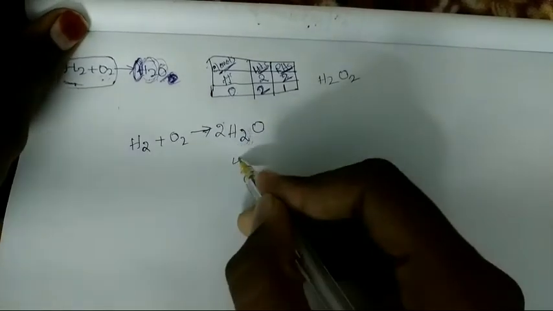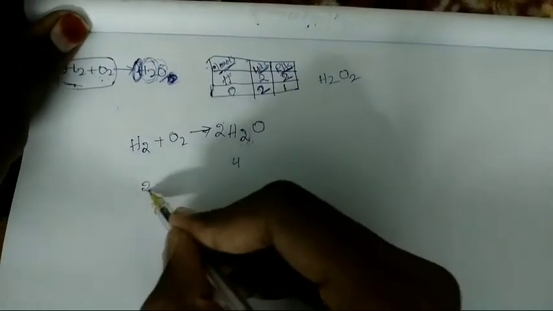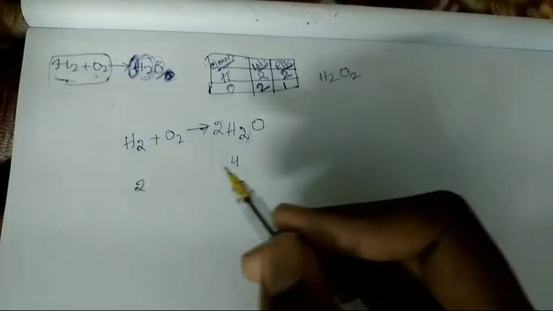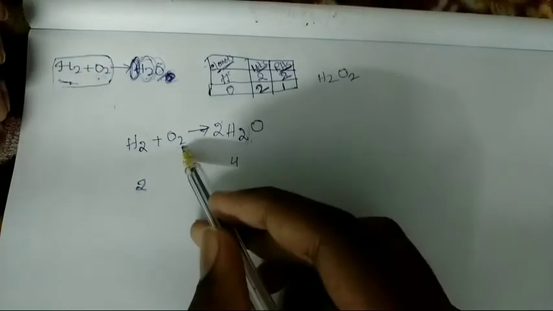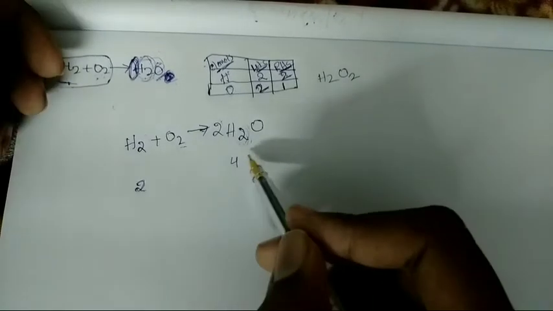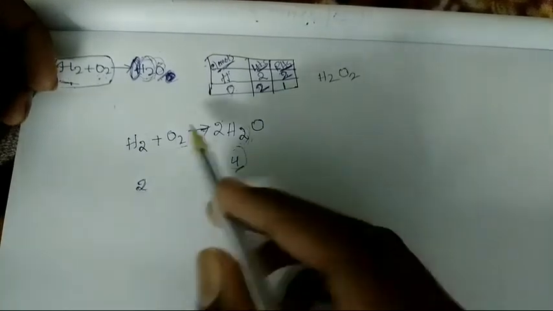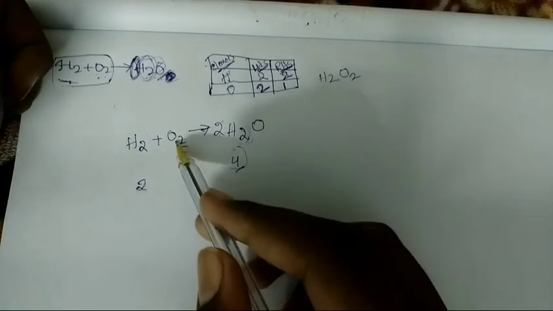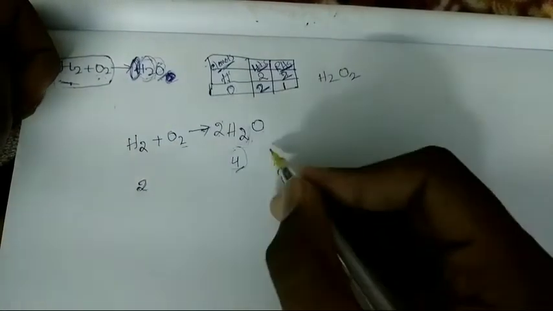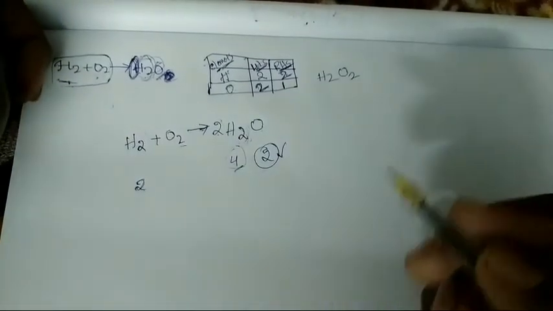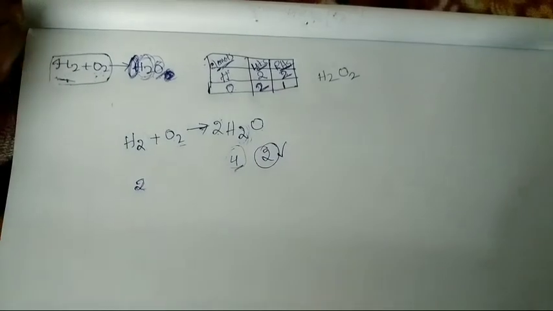Means here we are getting 4 hydrogens on the products, and 2 hydrogens on the left hand side, that means reactants. And see oxygens, 2 oxygens, 2 oxygens. Oxygens are balanced now, but hydrogen is not balanced.